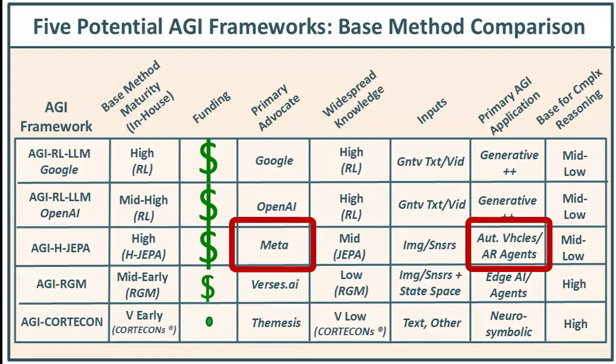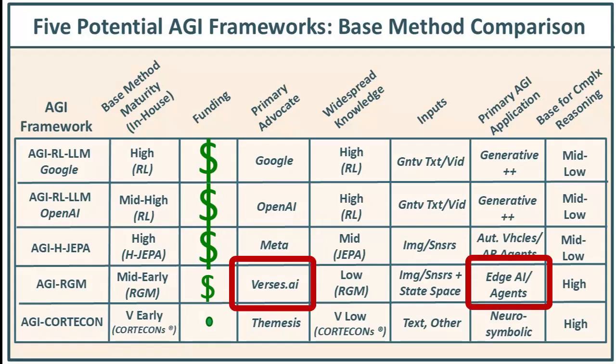In contrast, LeCun speaks to the role of H-JEPA potentially in autonomous vehicles, and since Meta has recently released their Orion glasses, there's possibly a role for H-JEPA in that capability also. Verses.ai is focusing on edge AI, so we'll likely see some sort of deployments there. And again, these should be near-term wins, probably sometime in 2025 and early 2026 as well.